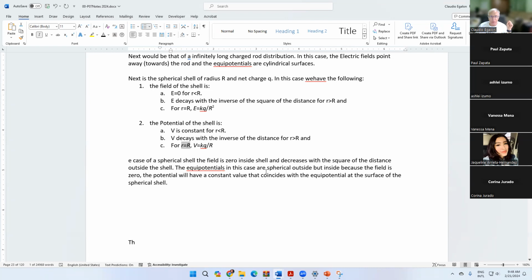Okay, V is constant, and in the case with the inverse of the distance, I mean, I'm going to spell that out, like that, and point charge, right?